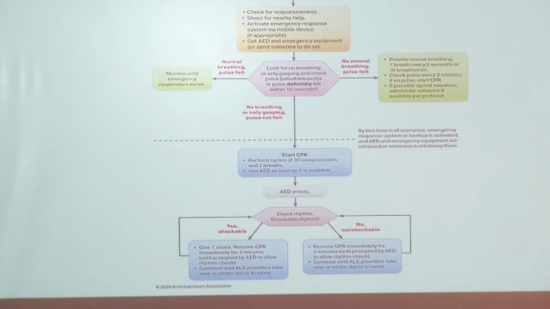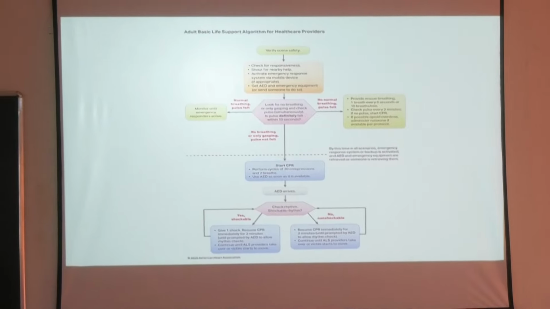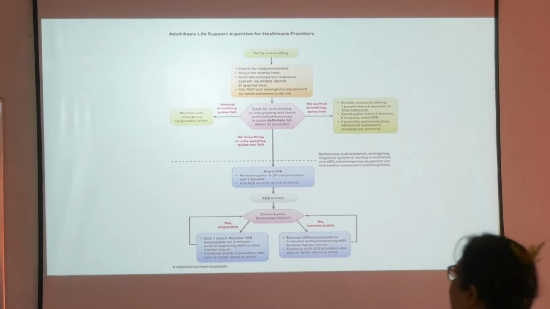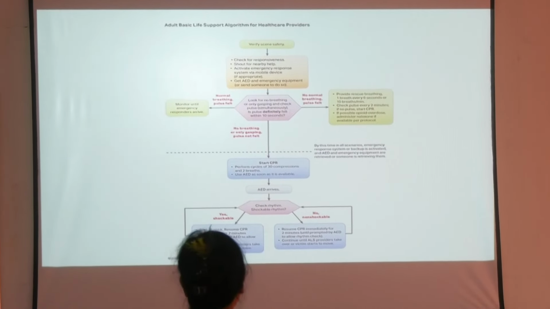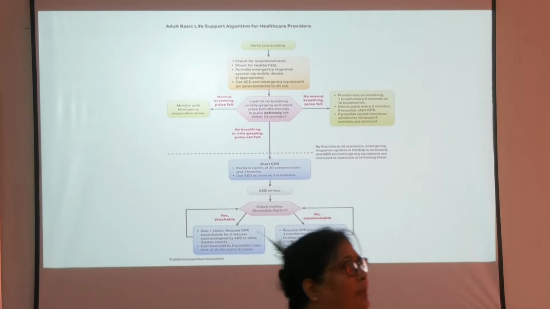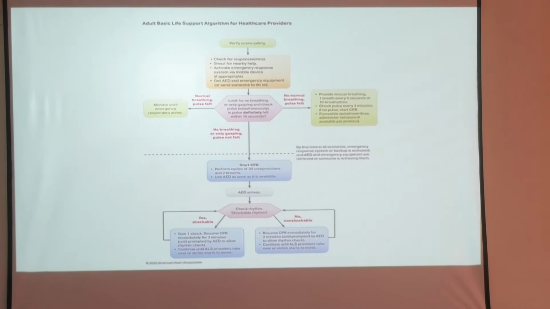Now this is very short, but I am describing it, don't worry. So this is the adult basic life support algorithm for healthcare providers. Healthcare provider means the doctors, nurses, paramedics, all. Okay, and this is published by the American Heart Association in the journal Circulation.